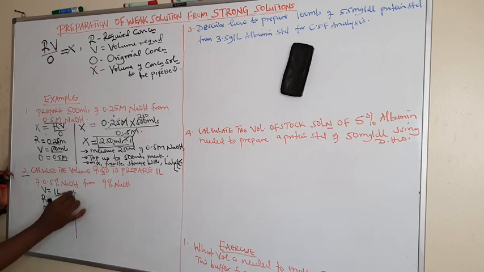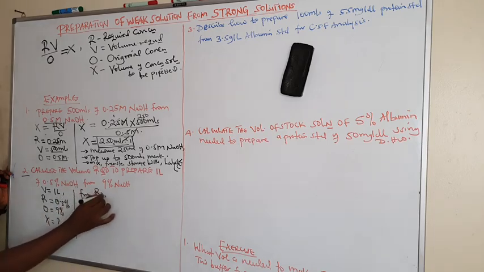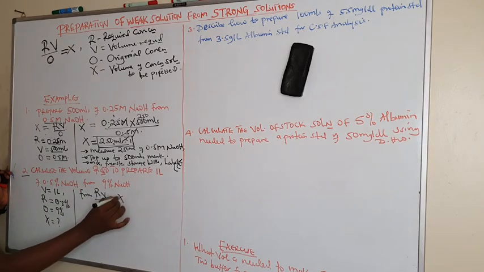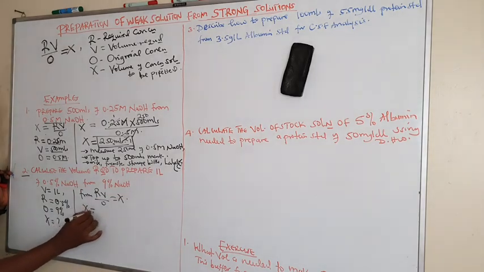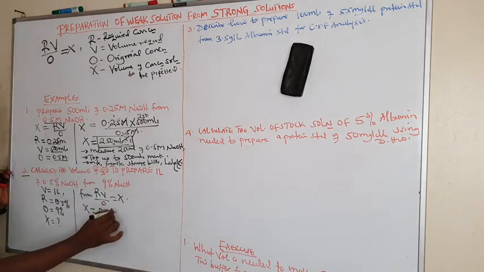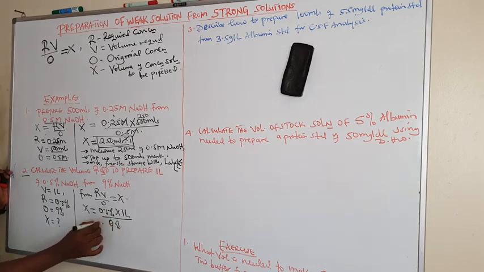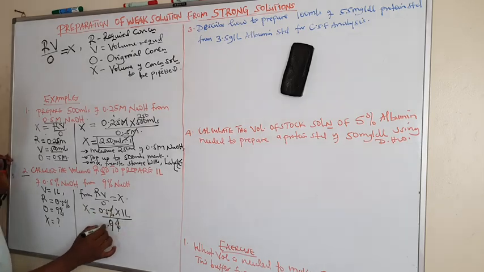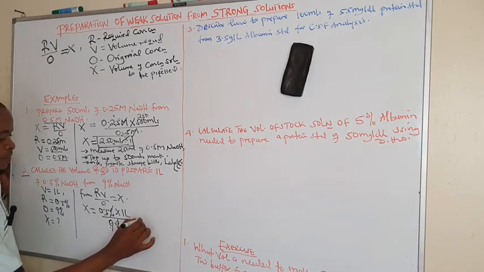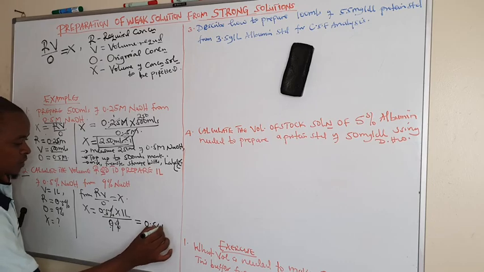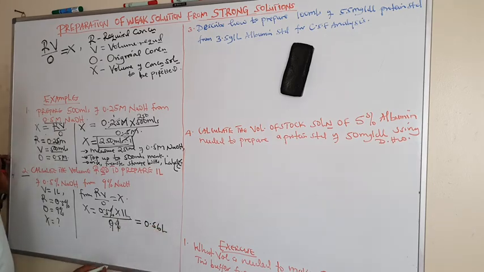From RV over O equals X, we know that R is 0.5, always maintaining the unit, percent, times the volume, which is 1 liter, divided by 9%. Percent will go with percent, and 0.5 divided by 9 gives 0.56 liters. So liter will remain.